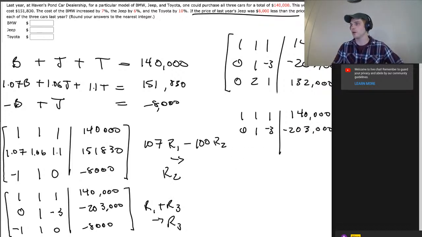Okay, so 2 times 1 is 2, minus 2 is 0. So 0, 0. Negative 6 minus 1 is negative 7. And then we've got 2 times negative 203.